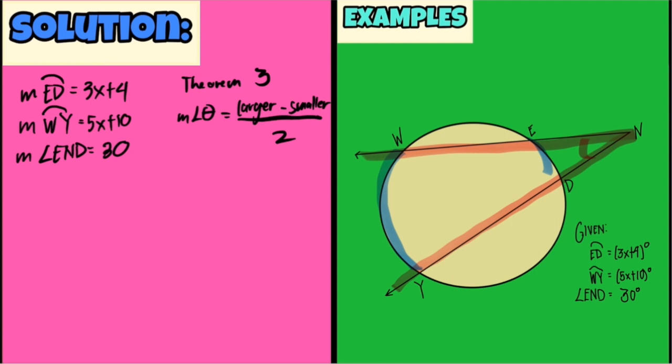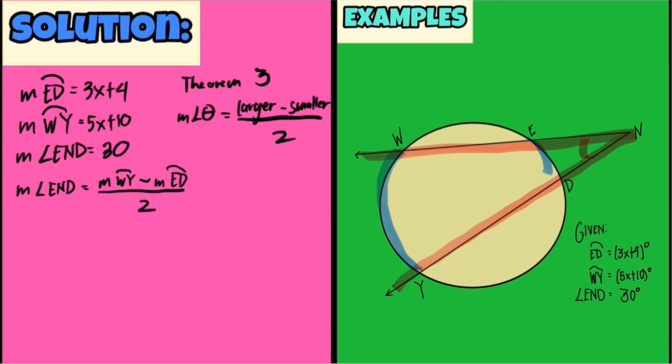So what you have to do here, since you have the given already, all you have to do is to substitute. So let's say we have the measurement of our angle END is equal to the measurement of our larger arc, which is WY, minus the measurement of arc ED, divided by 2.